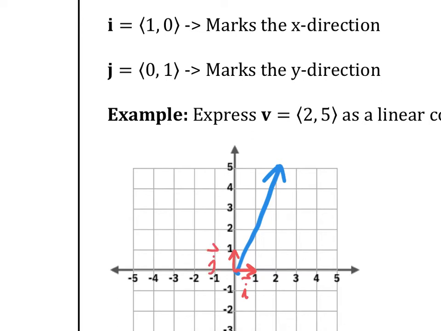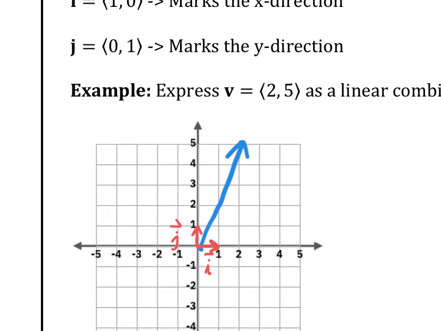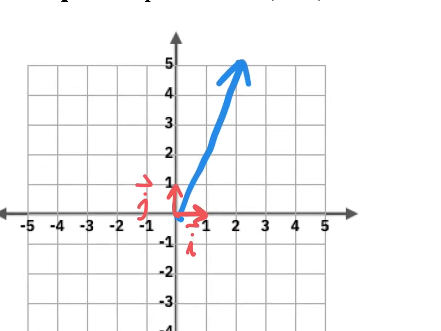So when it says express 2, 5 as a linear combination of I and j, what it's saying is, if we have to write 2, 5 as a combination of the I vectors plus the j vectors, then what would you have to do? Well, this is actually pretty simple. 2, 5 is this vector that's pointing towards 2, 5. Now, I vector is the standard unit vector, pointing towards the x direction with a magnitude of 1.